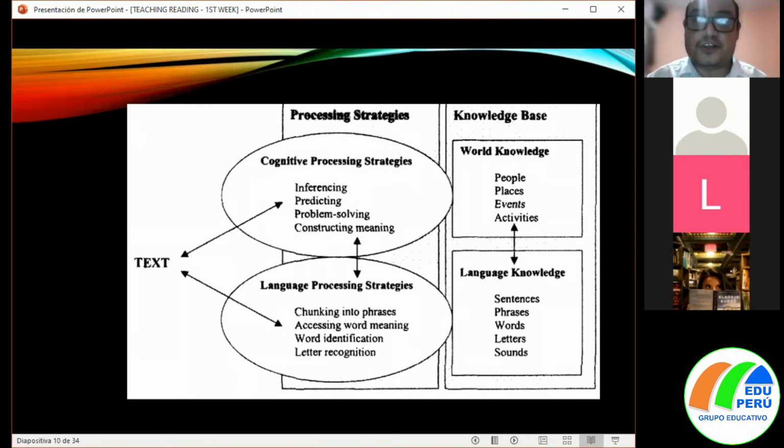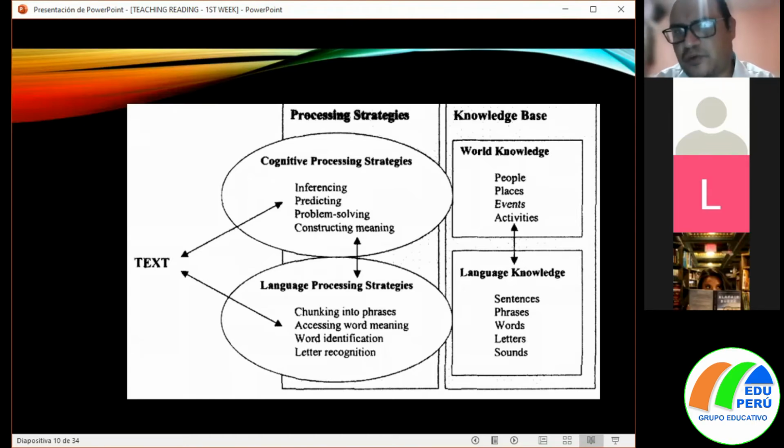All right, so it's not a simple process. If you notice, it's a complex process. It involves many things, not just decoding the letters and that's it. No. So we are going to infer, we are going to predict, we are going to solve problems, we are going to construct meaning related to cognition, related to the language.